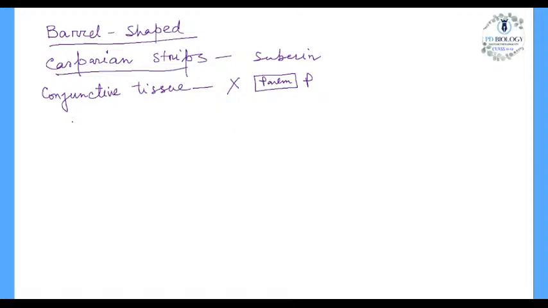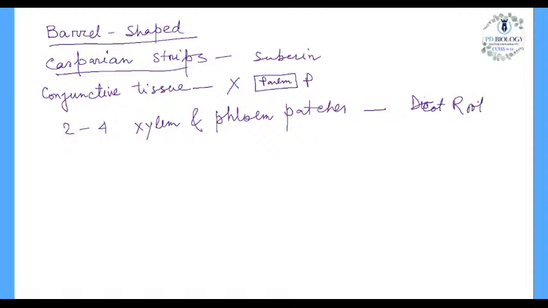There are usually 2 to 4 xylem and phloem patches in dicot root. Remember this one, it's an identical character.